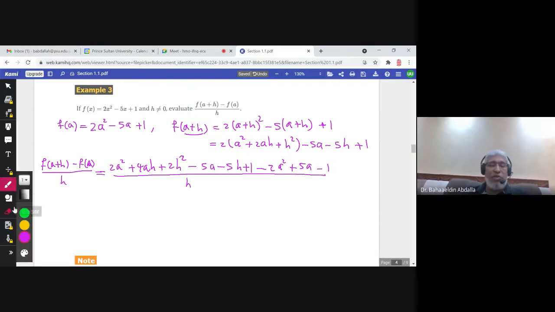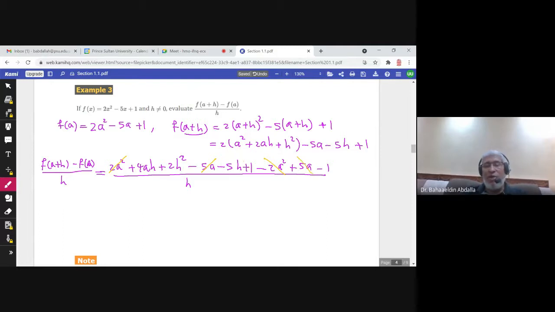And as usual, we notice that all the terms without h must cancel. So this is 2a squared, and you must find negative 2a squared here. This is with h, okay. This is negative 5a without h. It must be cancelled. So there is a 5a here, so they will be cancelled.